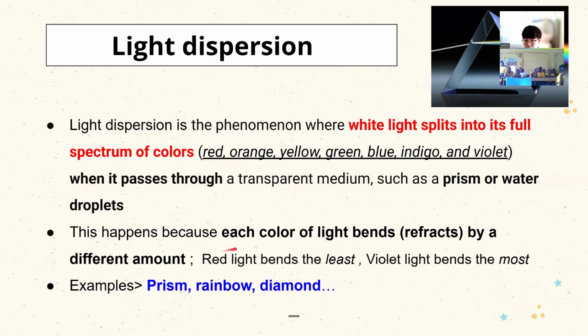This happens because each color of light bends by a different amount. The red light bends the least, the violet light bends the most, and so on. So you can just think of this as the light being bent in different ways. That's what light dispersion is.